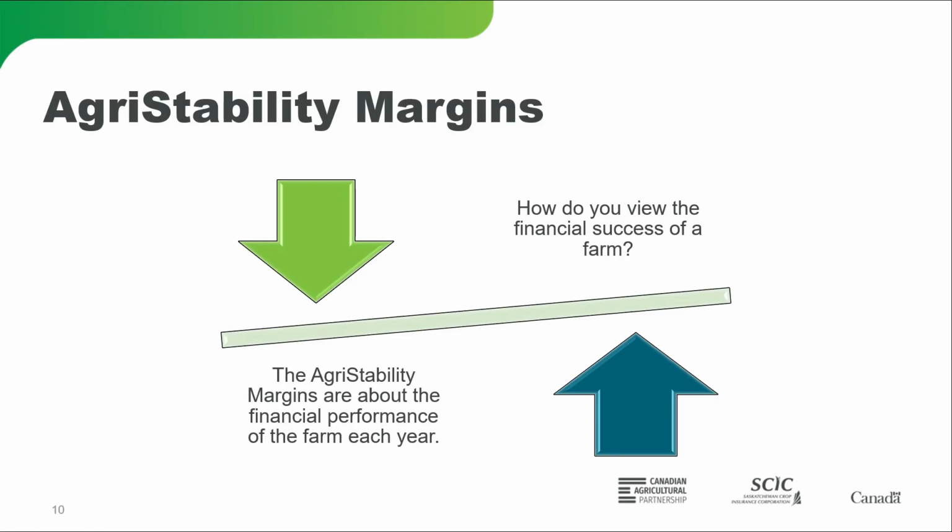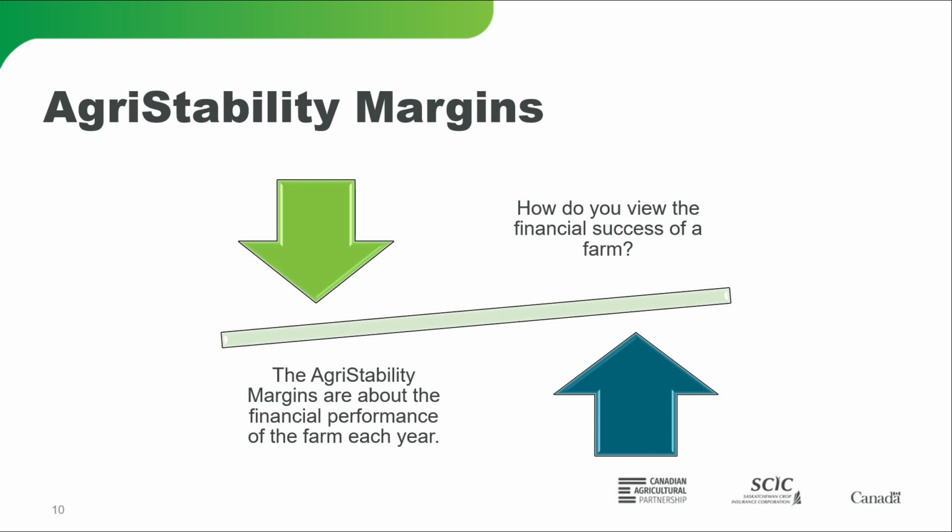So now we're going to get into the AgriStability margins and explain how they work, how they are calculated, and what components make up those margins for your AgriStability program. We have 2 key margins that we look at. The first one is the program year margin, and the second one is your reference margin.